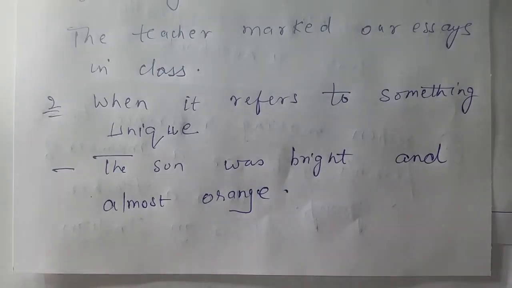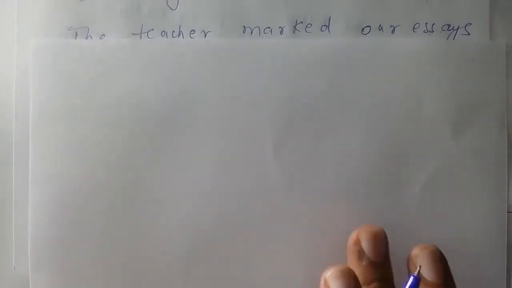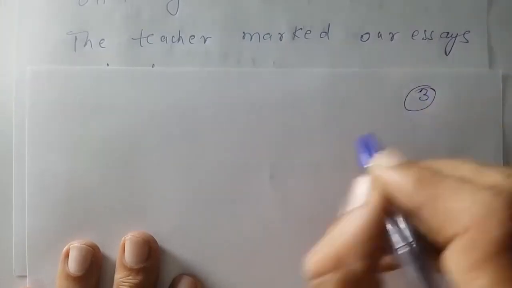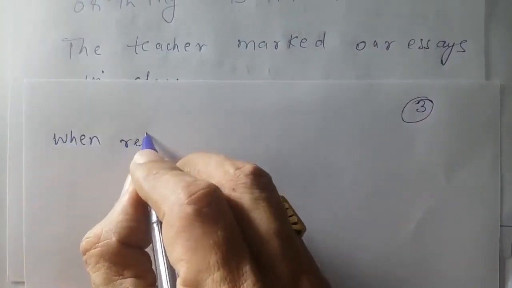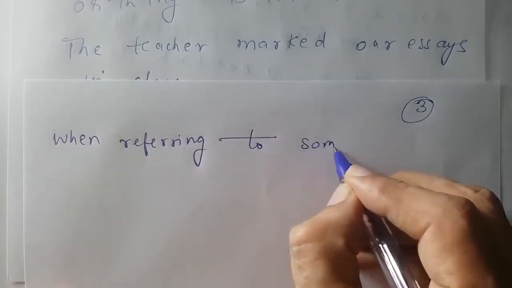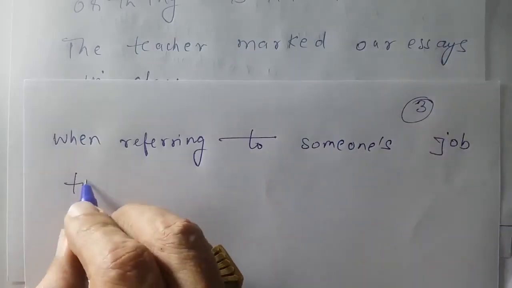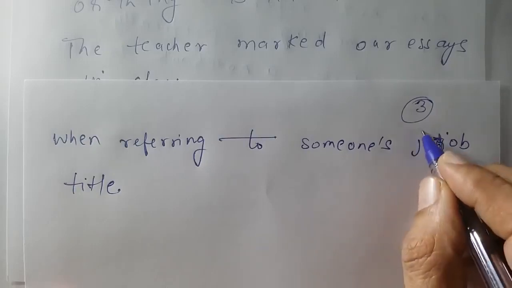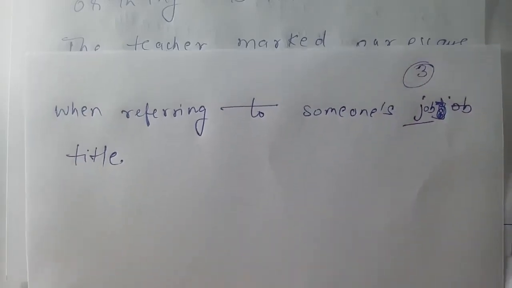When referring to someone's job title. Next is this point. This is my page number 3 here. When referring to someone's job title, why am I writing in the right manner?